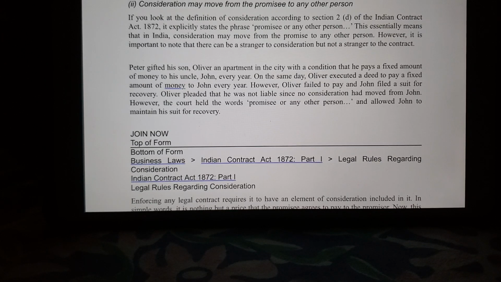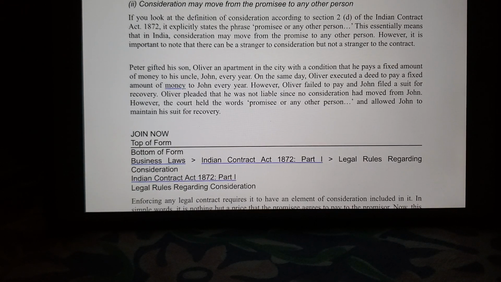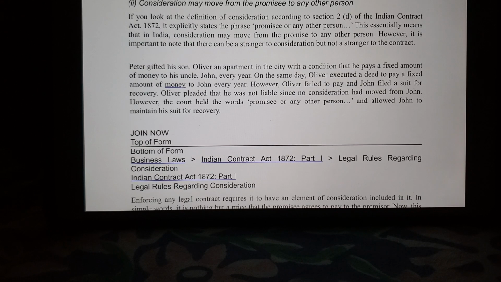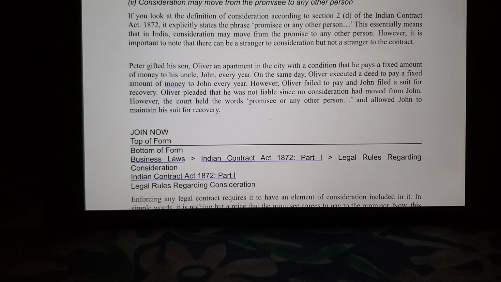However, it is important to note that there can be a stranger to consideration but not a stranger to the contract. Peter gifted his son Oliver an apartment in the city with the condition that he pays a fixed amount of money to his uncle John every year.